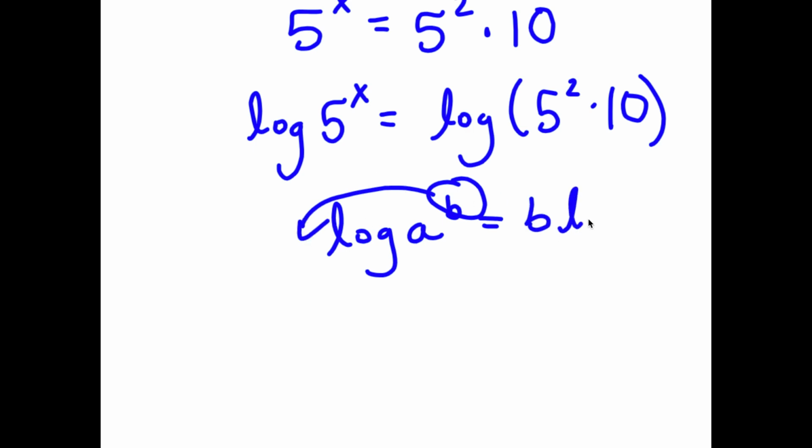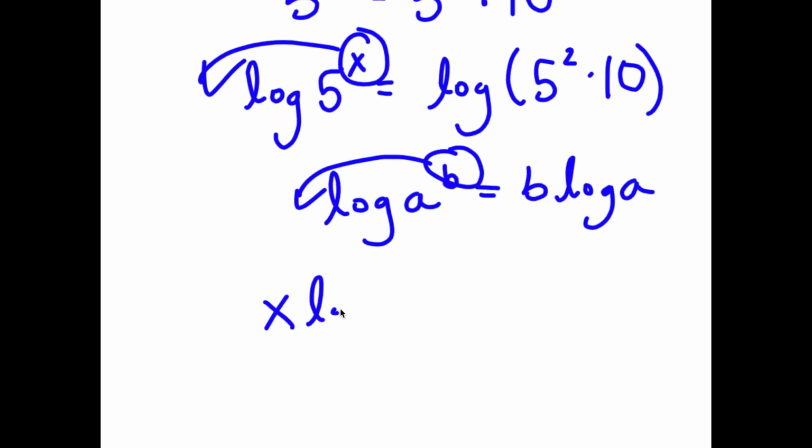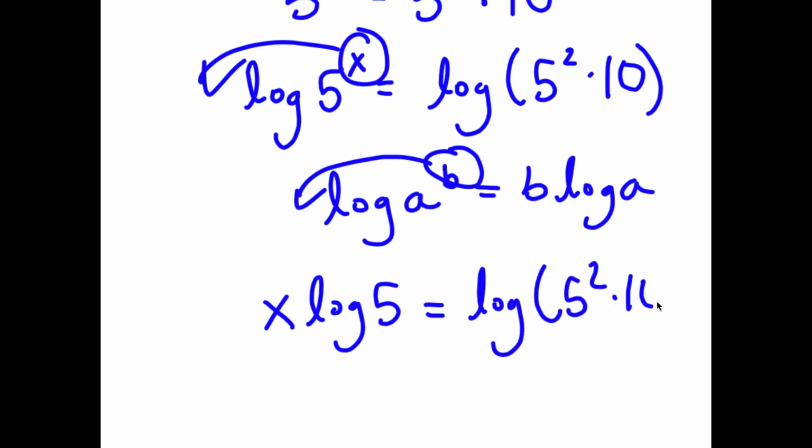So this is going to equal b times log a. So in this case, I have log 5 to the power of x, and we can think of x as being this case. So I can simply move x to the front. So now I'm going to have x times log 5 is equal to log of 5 squared times 10.